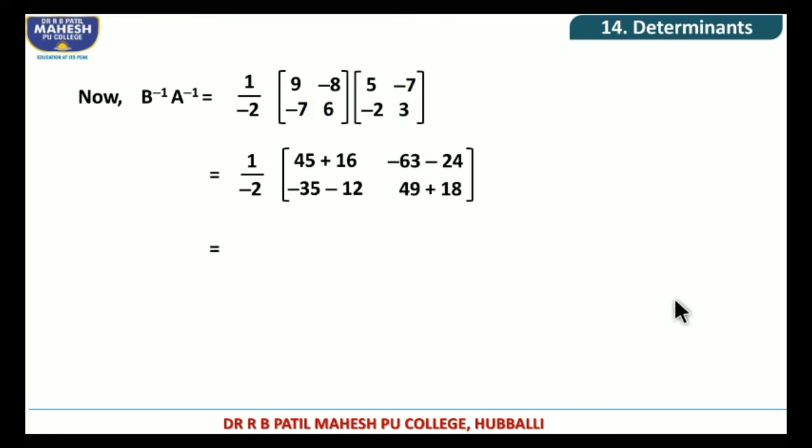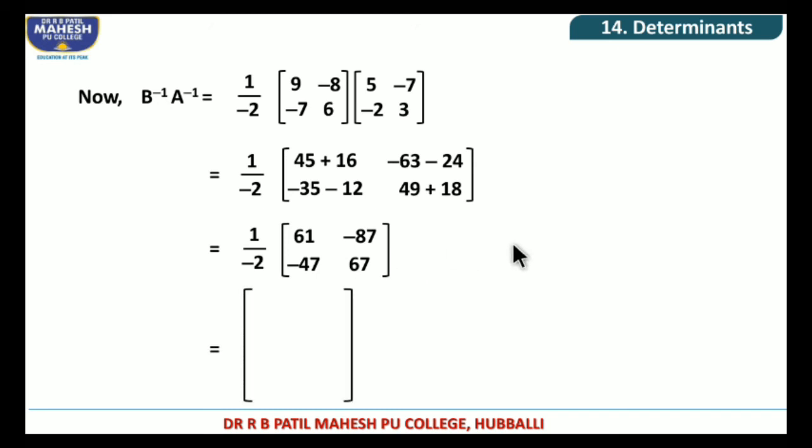Now we have to simplify this. 1 by minus 2 into the matrix 61, minus 87, minus 47, 67. This is the value of the RHS. We just divide all those elements by minus 2. So we have minus 61 by 2, 87 by 2, 47 by 2, minus 67 by 2.